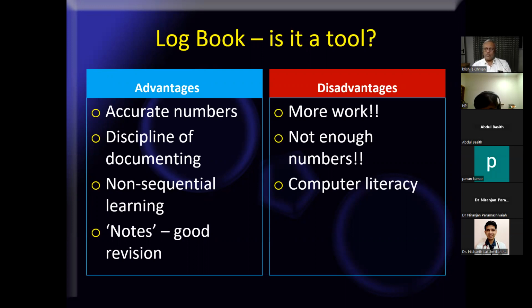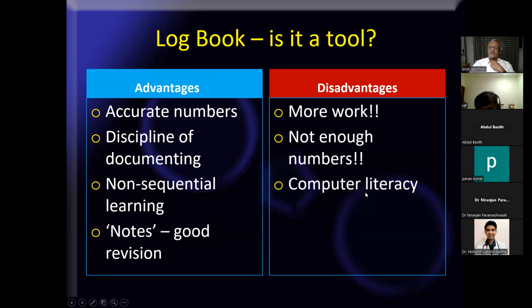And if you keep a logbook and then write notes about the questions you may have had, doubts you may have had, difficulties you may have had, and then you go home and read up about it, if you don't find the answers in the books, perhaps talk to your seniors or your colleagues about it. If you do it this way, you will learn all of surgery in 3 years. There is absolutely no doubt about it.